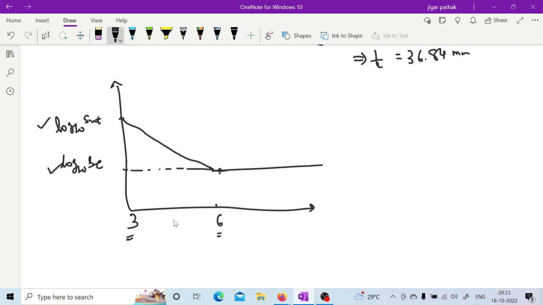Then for 90,000 cycles you have to make a notation on this graph, take it to this line, and then take it horizontally to calculate the safe stress for 90,000 cycles. So are you getting what I am trying to say?